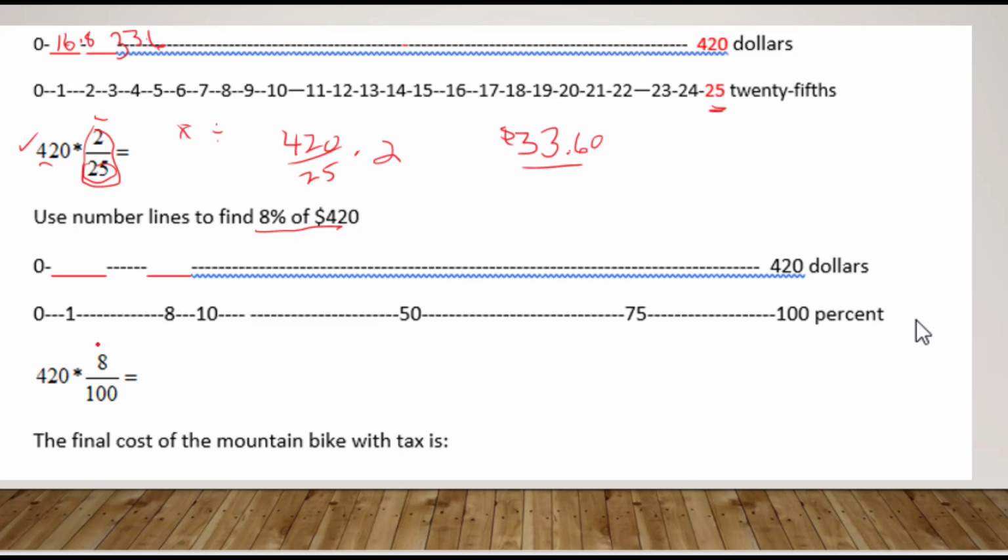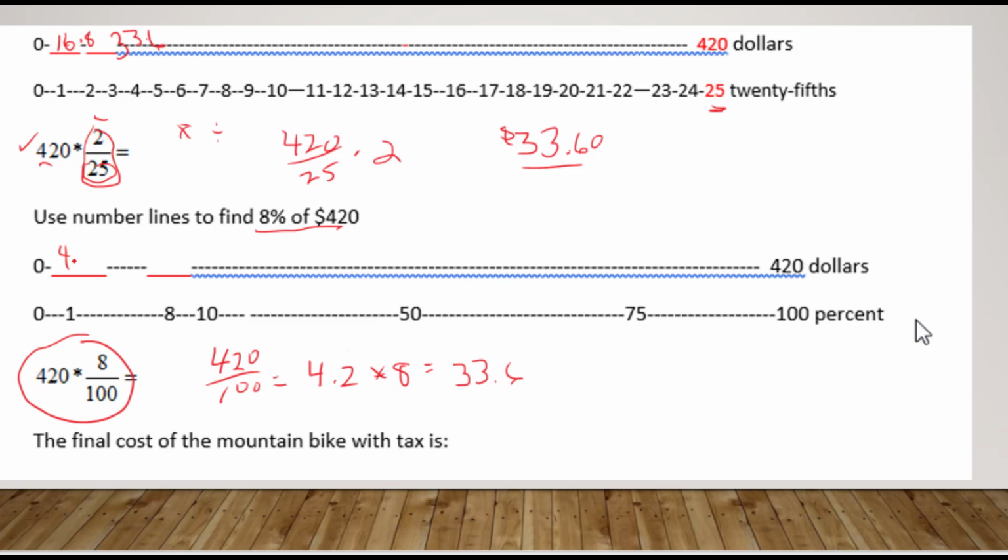So let's do it now with a percentage. I'm going to find 8% of 420. So I'm going to take 420 and divide it by 100. I'm going to get 4.2. And then I'm going to multiply it by 8. You can put it on your calculator. 4.2 times 8 is 33.6.